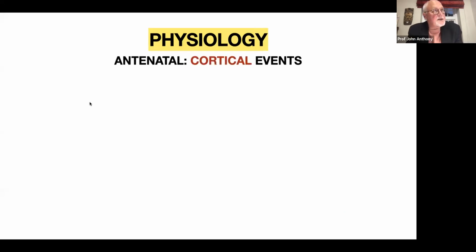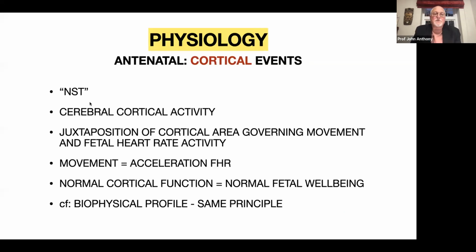And when we're looking at antenatal tracings before the onset of labor, antepartum tracings, we are really concerned with the question of the cortical control of the fetal heart rate. And by that, I mean to say that during the antenatal period, activity in the fetal cerebral cortex is a determinant of whether the tracing changes by means of an acceleration.